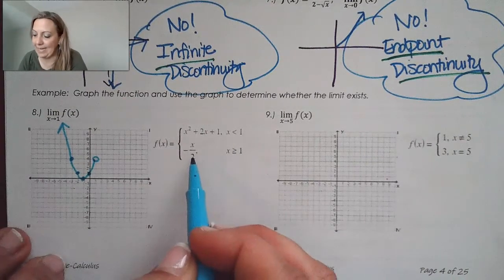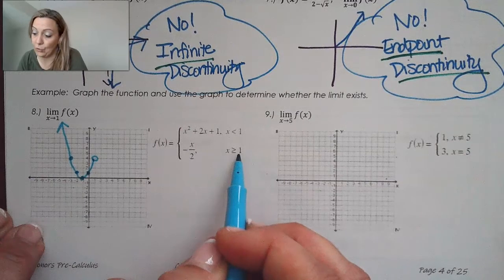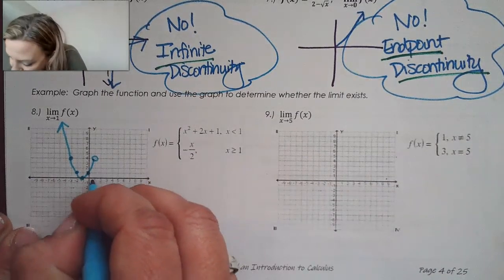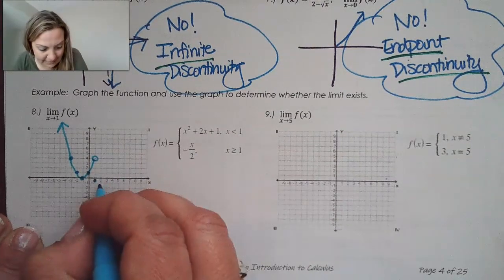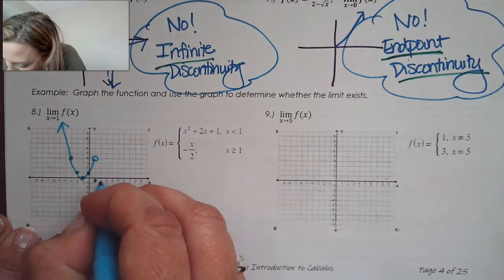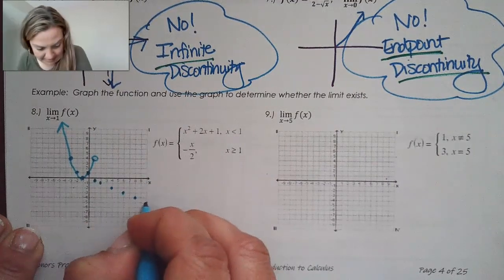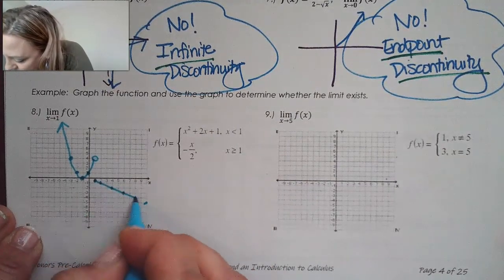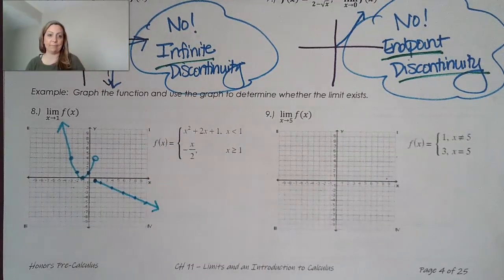Now this is basically negative 1/2 x when x is greater than or equal to 1, so x could be 1. So we have 1, negative 1/2, and that's going to be a closed circle. And then essentially, this just has a slope of 1/2 going down this way. So this would be the graph of that piecewise function.